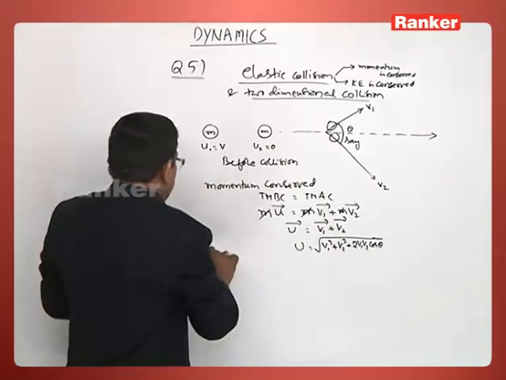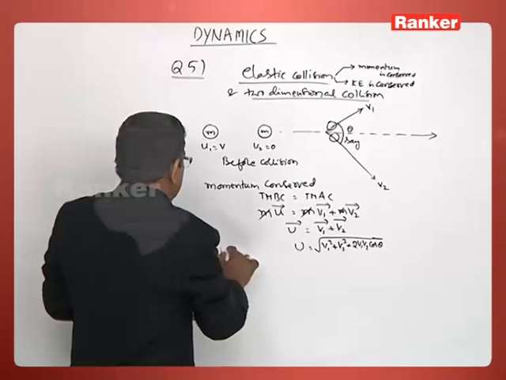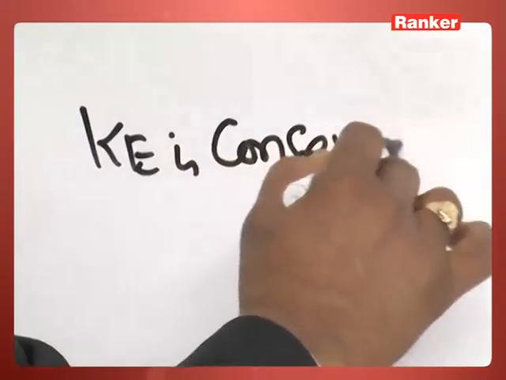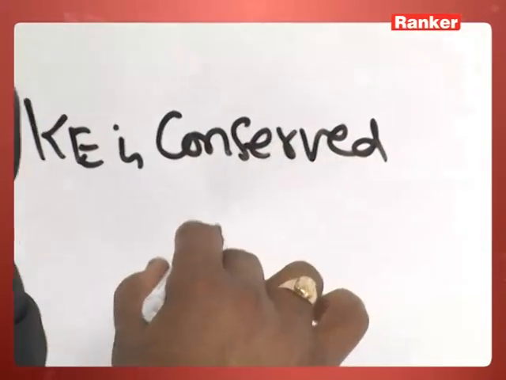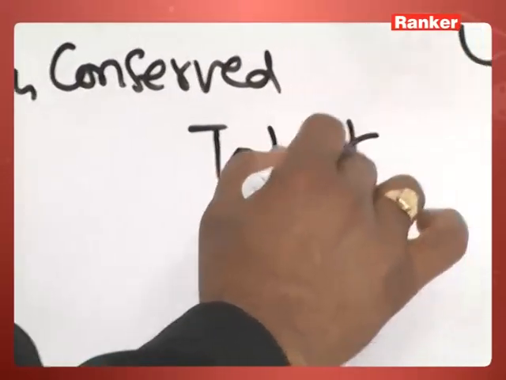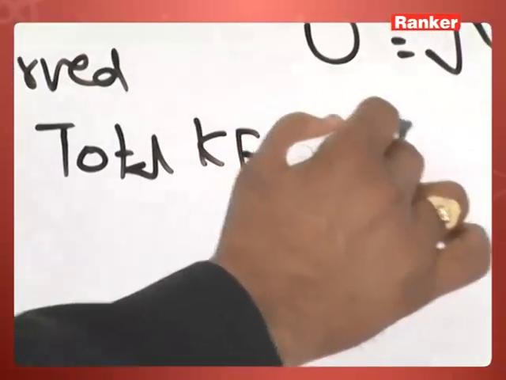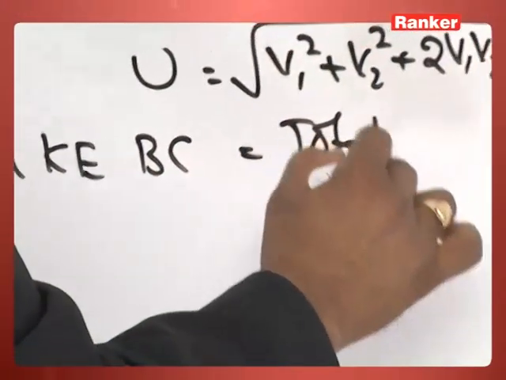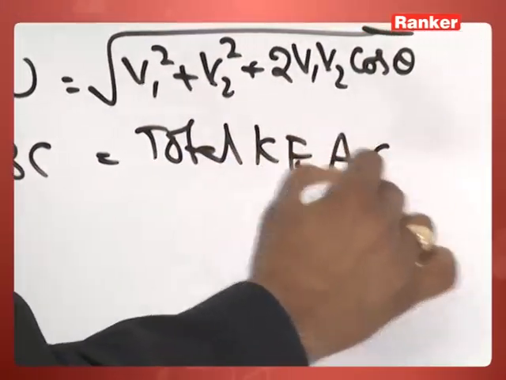Next concept, let us use KE is conserved, because it is an elastic collision. KE is conserved means total KE before collision is equal to total KE after collision.